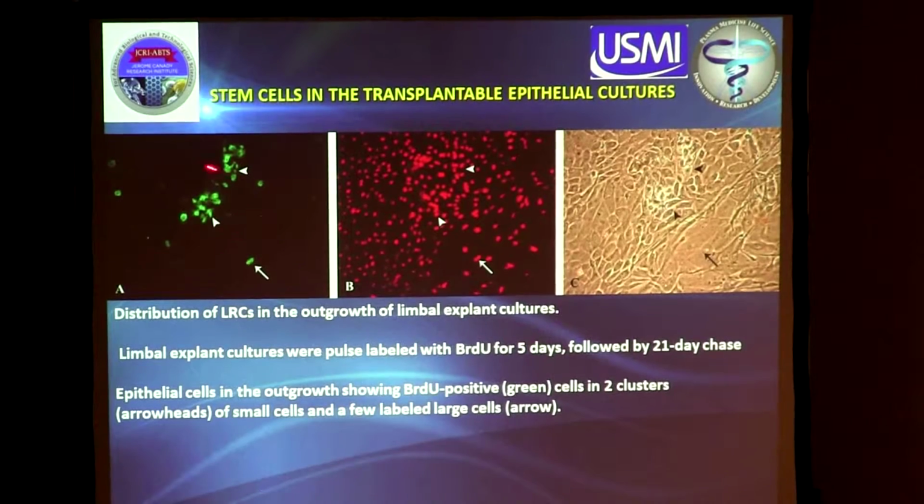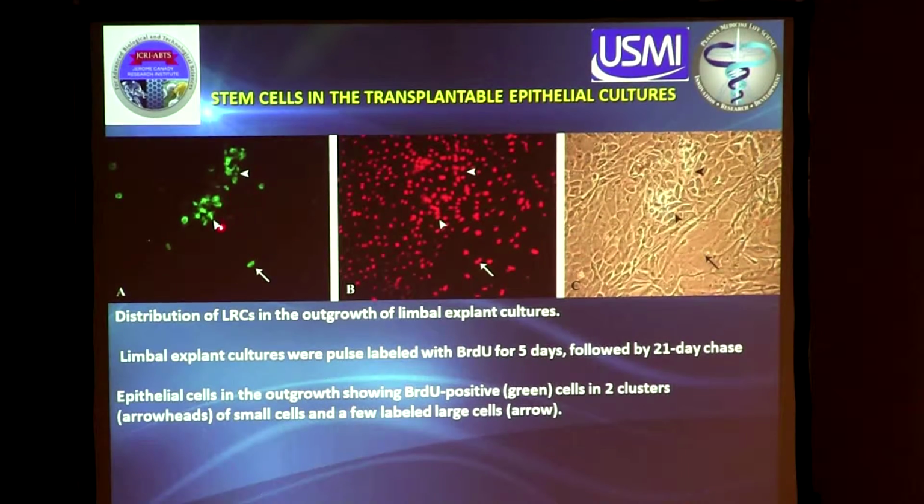These are cultures, or outgrowths, which were in fact used for transplantation onto human subjects who had stem cell deficiencies or disorders. These are cultures showing small, tightly packed cells, labeled and retained, and these are the stem cells.